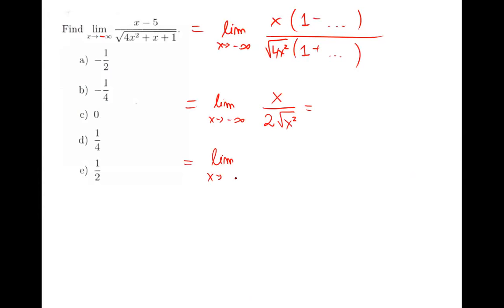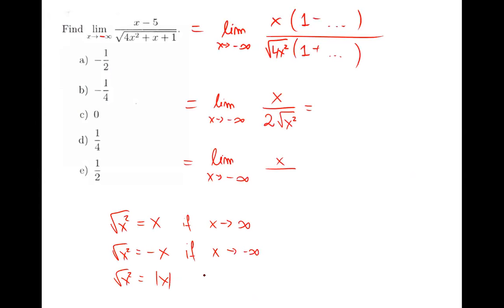But please note, we are at negative infinity. That means, remember, the square root of x squared is x if x is positive. The square root of x squared is still positive, but it is negative x if x goes to negative infinity. And the general statement is the absolute value of x for all real numbers.